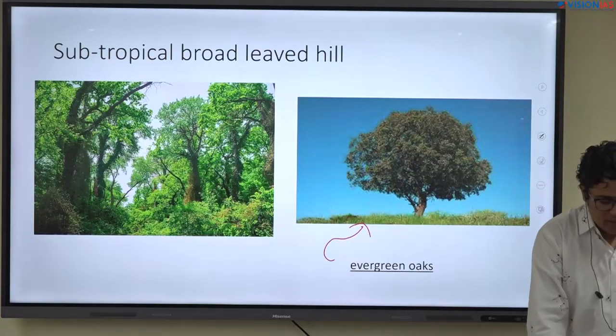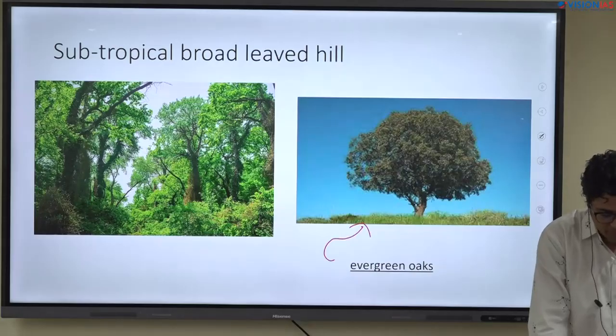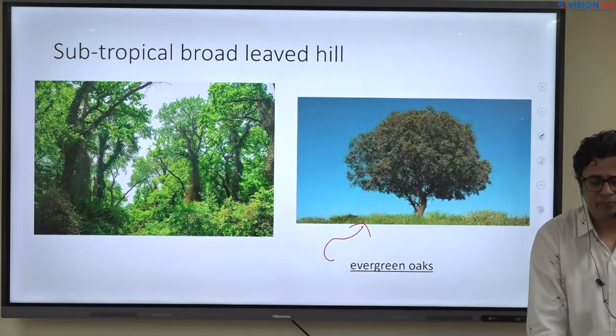Now go to category number 9, subtropical moist pine. Try to search that in the map.